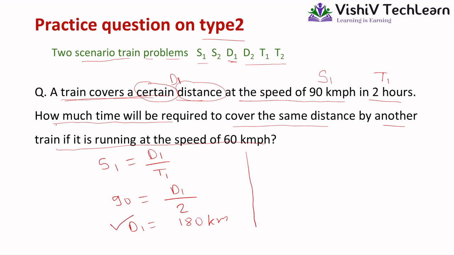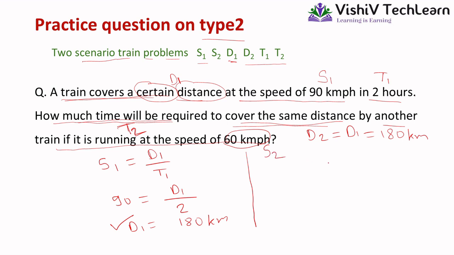Now in the second scenario it is said, how much time will be required. So in the second case, t2, we have to find out the time to cover the same distance. To cover the same distance means d2 must be equal to d1. So in this case it is 180, that we already have found out. And the train is running at the speed of 60 km per hour, and this must be S2.